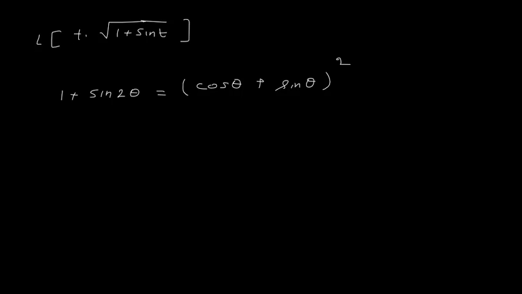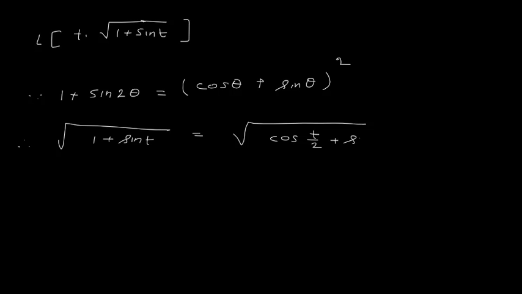So we know this formula, therefore root of 1 plus sin t, I will write as square root of cos t by 2 plus sin t by 2 the whole square, and then this square root will go off, so I have cos t by 2 plus sin t by 2. Okay, this is the value of root of 1 plus sin t.